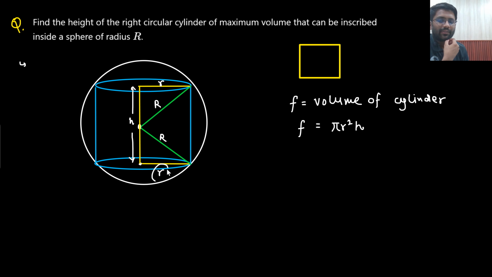Do we have some relation between r and h? Because I want this to be a function of either r or h only. I need to find out the height, no? So let's convert r into h. Basically, I need to find the value of h in a manner that the volume is maximum.